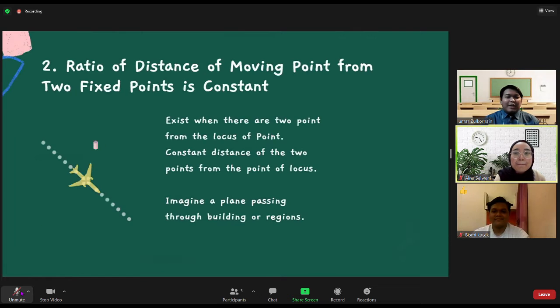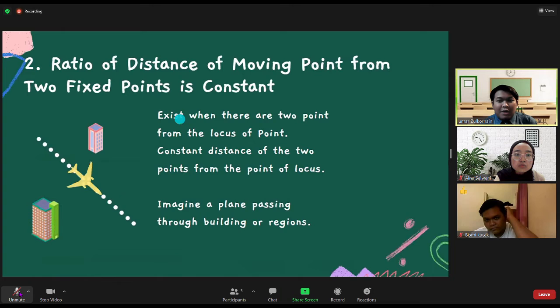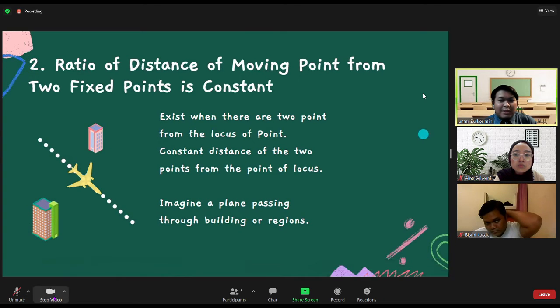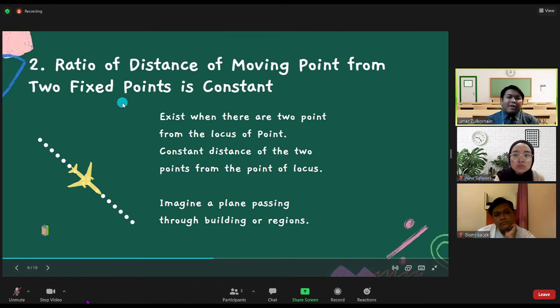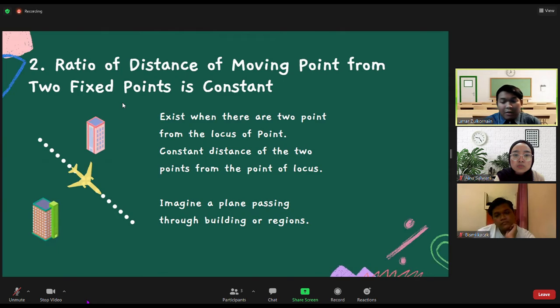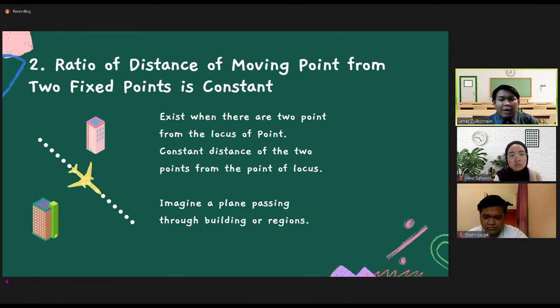About the second section: the ratio of the distances of a moving point from two fixed points is constant. This is the concept. Imagine that you are in an aeroplane passing above cities, and in order to avoid colliding with any buildings, it has a system that triggers based on how far the distance is between the aeroplane and the buildings around.